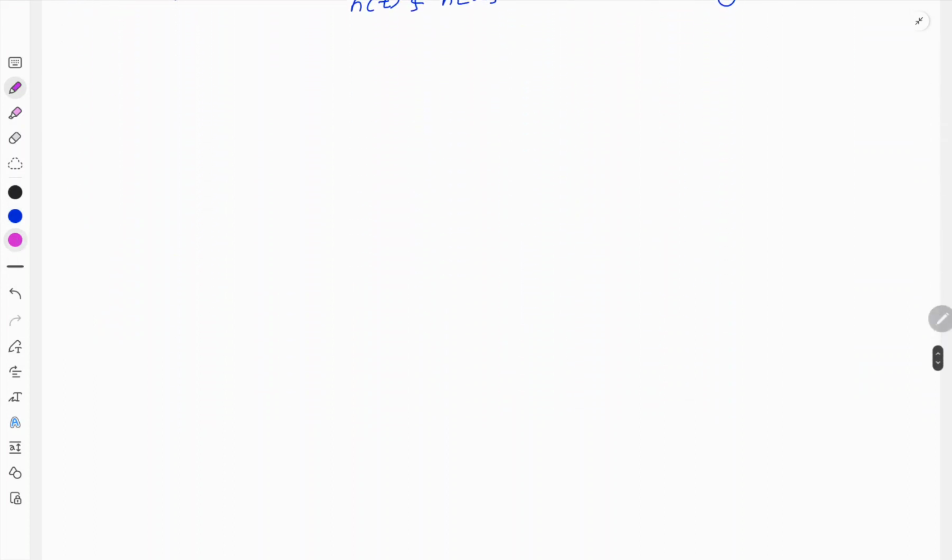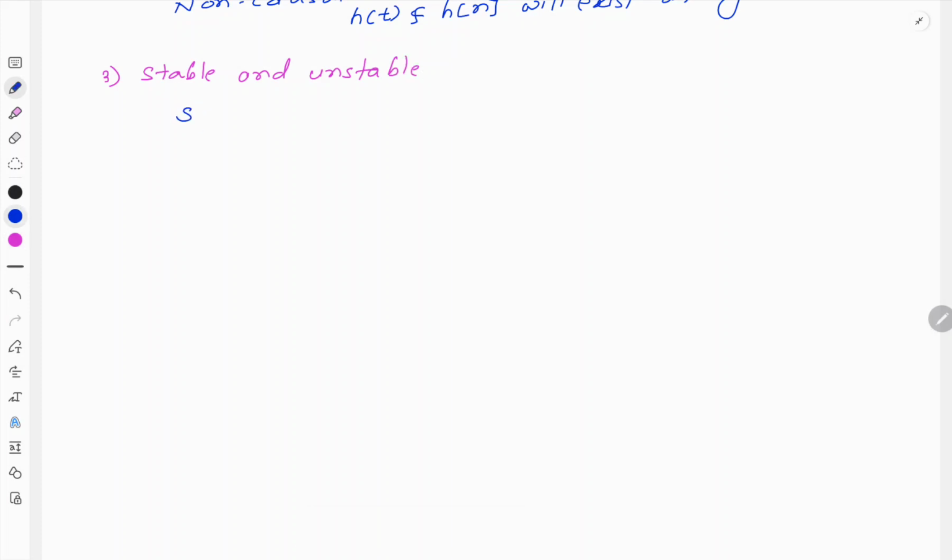Now the third classification is stable and unstable. For a system to be stable, again we need to check a condition on the impulse response of the system.